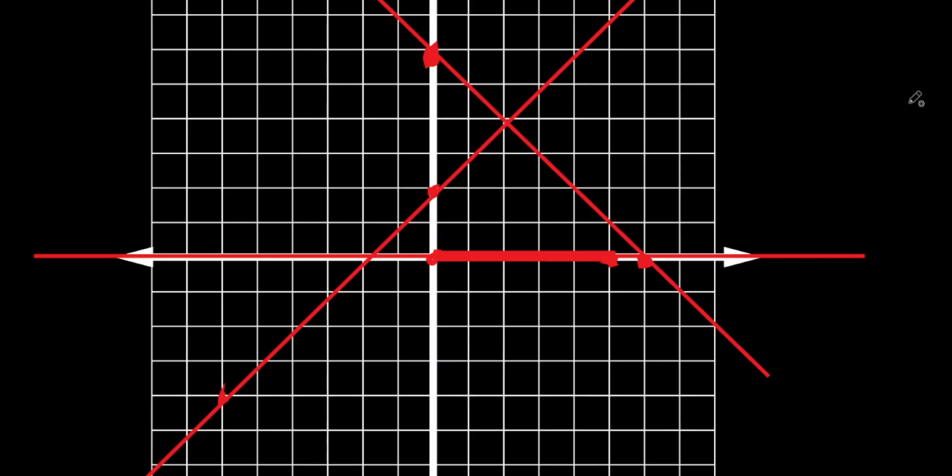So now we got to figure out where we're going to shade. Now, I took those inequalities off of there, but you got it on your paper. The one that's horizontal, we want to shade everything above this horizontal line. But this one right here where it's +2, that second one, it's less than or equal, so we want to shade everything below it, okay? So we're above this one and we're below this one.